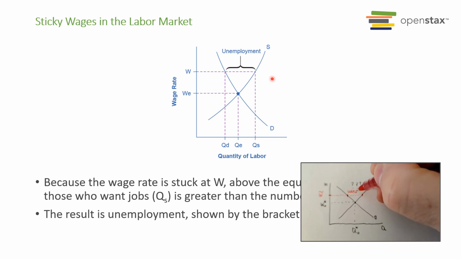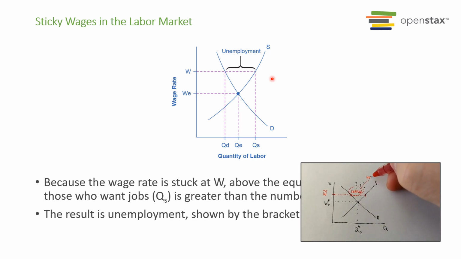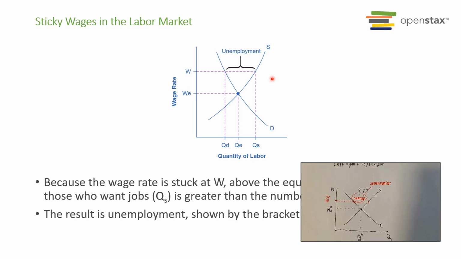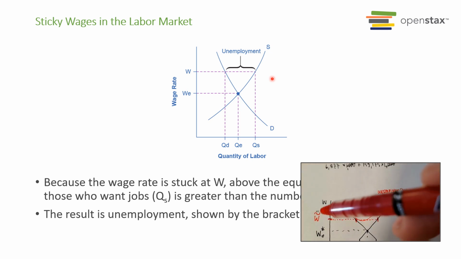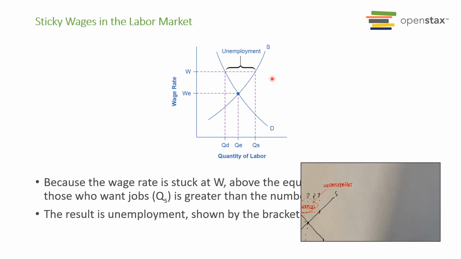And that surplus of labor is our unemployment right there. By definition, that's people who are trying to supply their labor, but there aren't enough jobs to go around. And that's one explanation, this concept of sticky wages in the labor market.